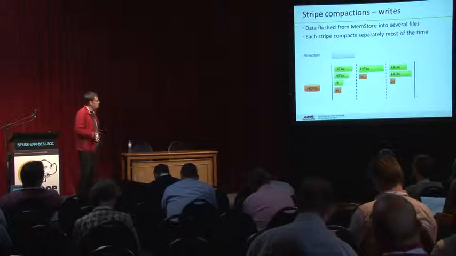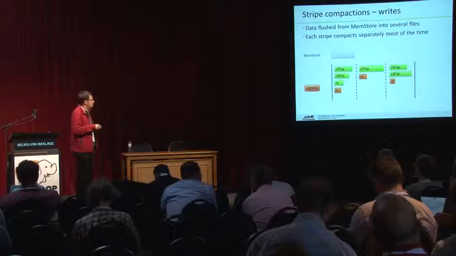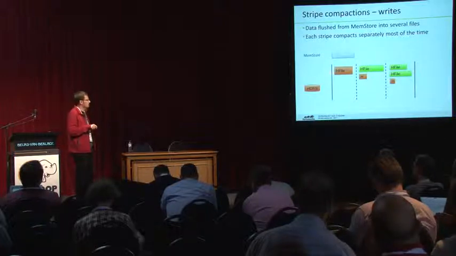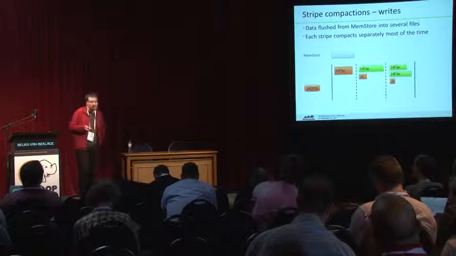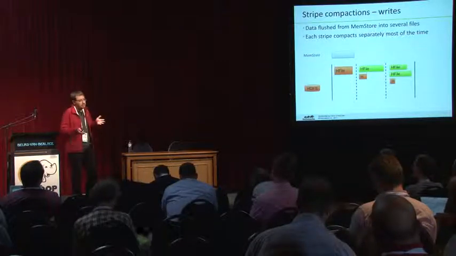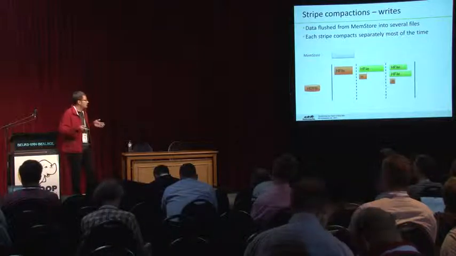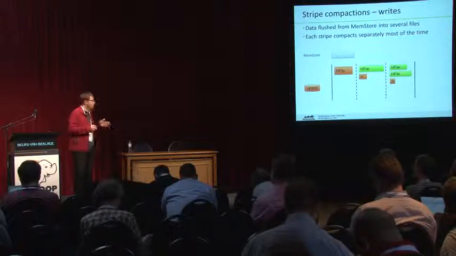So when we do a compaction in this scheme, let's say we are doing a compaction here, we're only going to rewrite the files within this stripe. Usually, what you end up with in HBase is region sizes, with a target between 5 gigabytes and, let's say, 20 gigabytes, right?